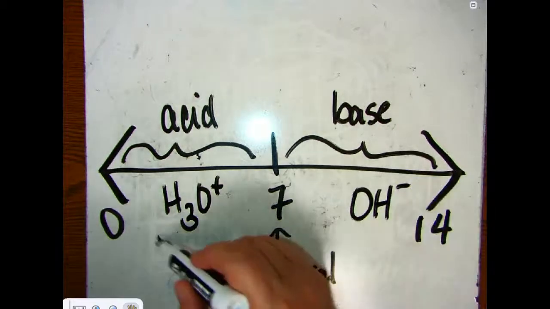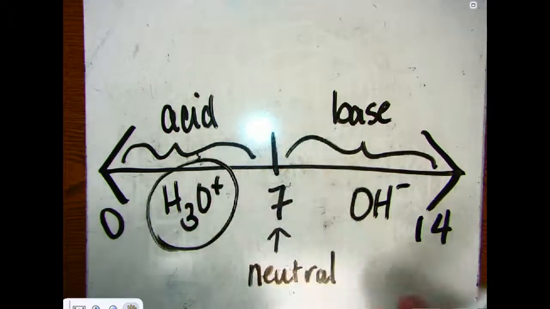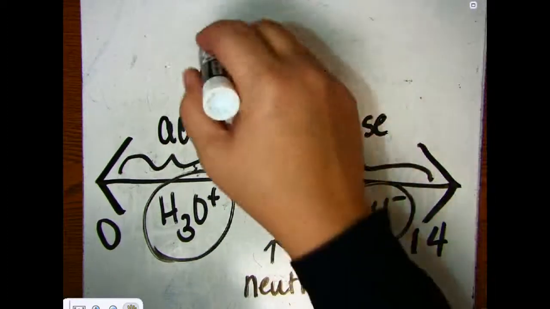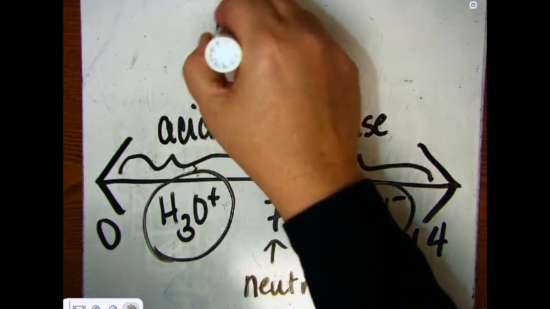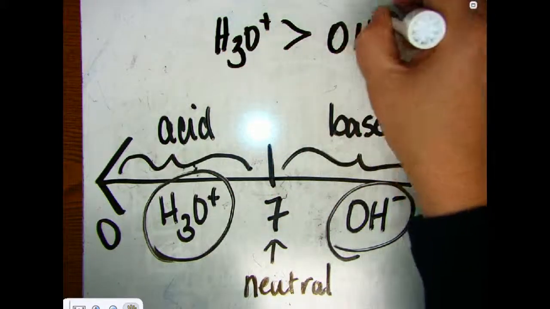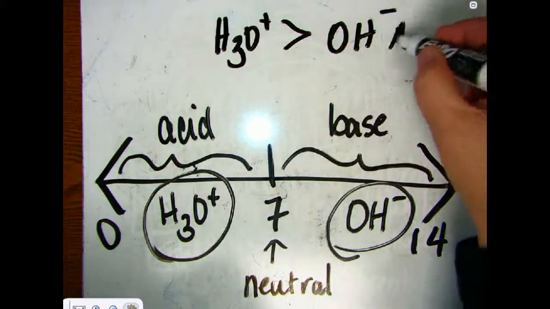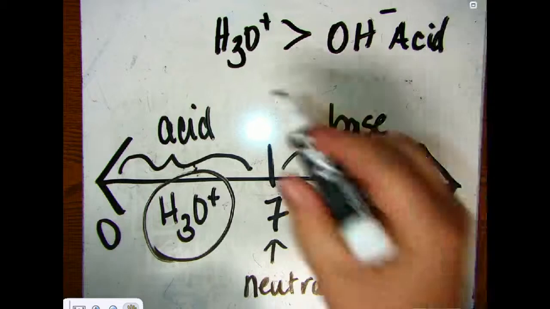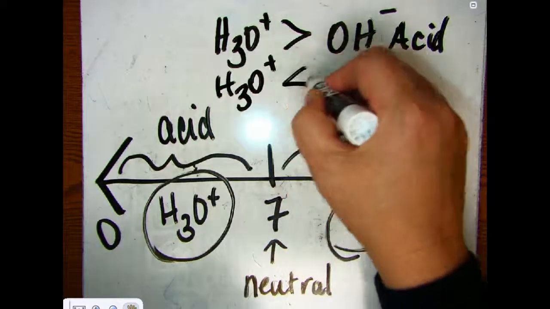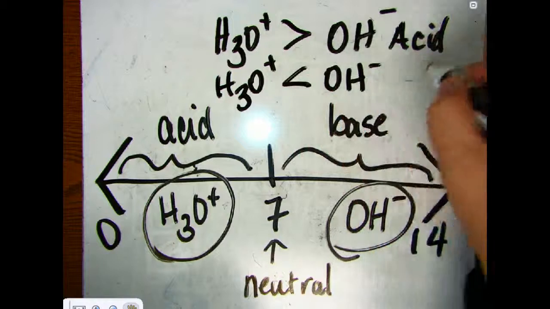So if the amount of hydronium is greater than the amount of hydroxide, then you'll have an acid. So if we say H3O is greater than, then it's an acid. Okay? And if H3O is less than hydroxide, then it's a base.